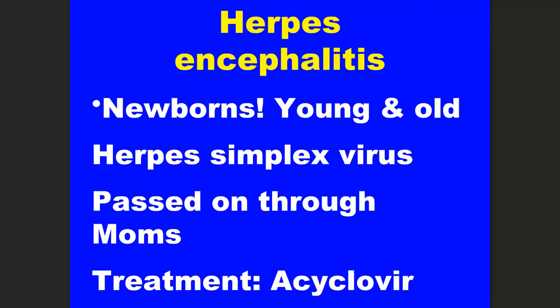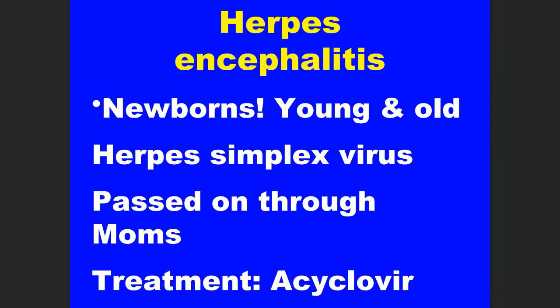We touched on herpes encephalitis last time, where, although this is rare, a person that has oral herpes, sometimes the oral herpes can travel up the trigeminal nerve into the brain, but that's more common in the very young, like newborns, or the very old, or the immunocompromised.